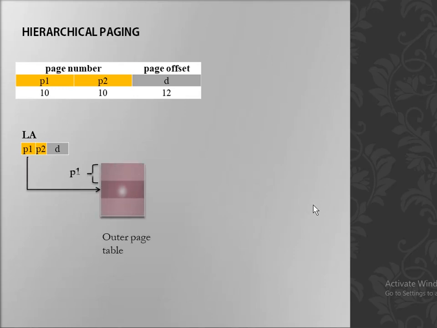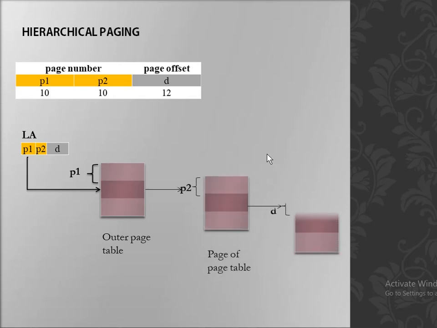This is the outer page table entry, this is the inner page table entry, and this is the offset. Using all these you can construct the logical address. Say, for example, the length of this logical address is 32 bits. This 32 bits will be divided into page offset.